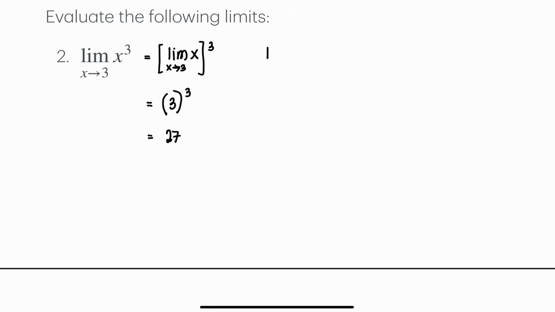If we are to use the shortcut, then we are simply going to substitute 3 directly to x. So this is 3 raised to the power of 3, that is equal to 27. You still get the same answer.